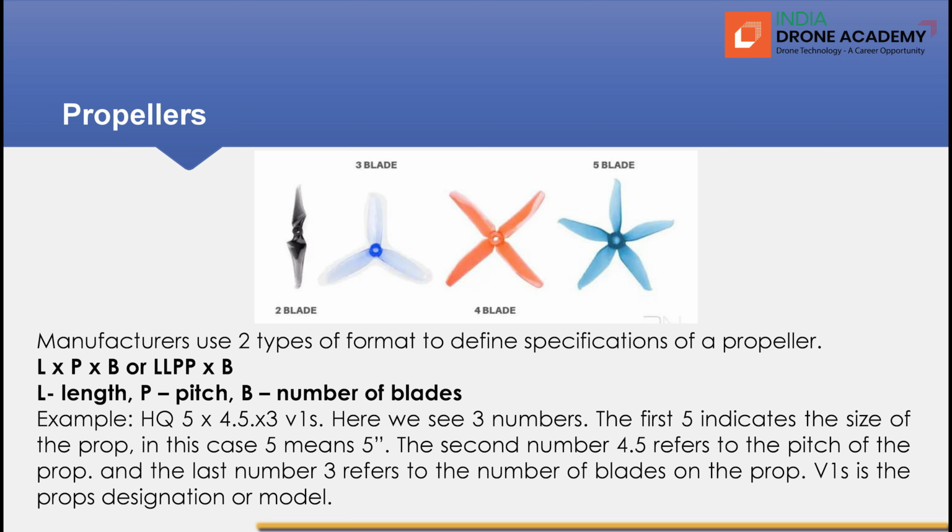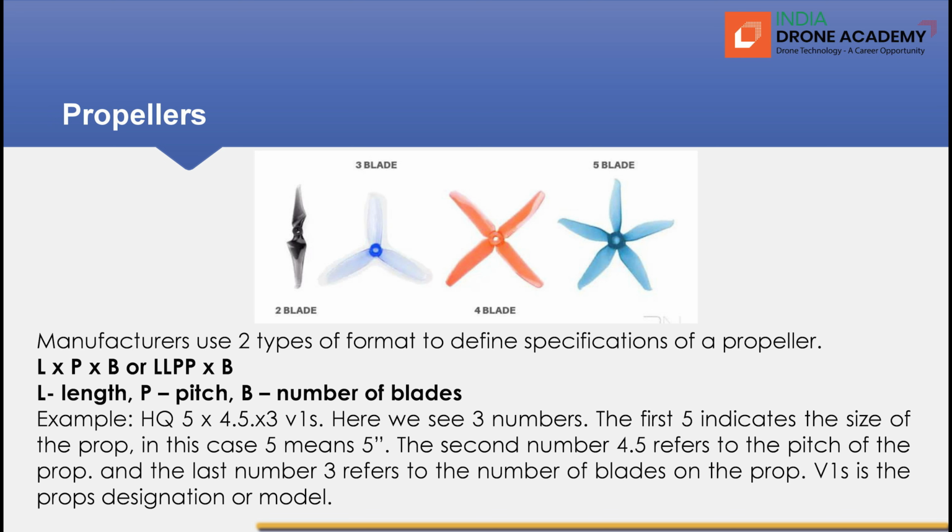For example, if we see a propeller having Q5 cross 4.5 cross 3 V1S mentioned on its blade, here we see basically 3 numbers. First of all, don't be confused by the letters, because they refer to a particular model of the propeller or a company name.